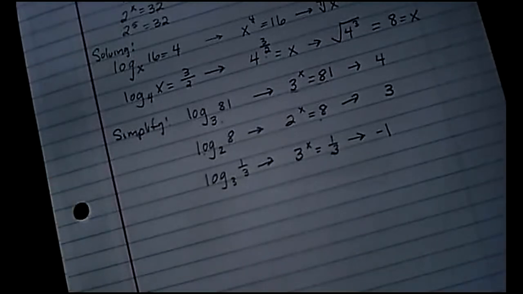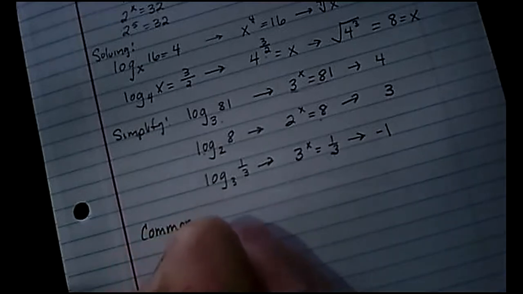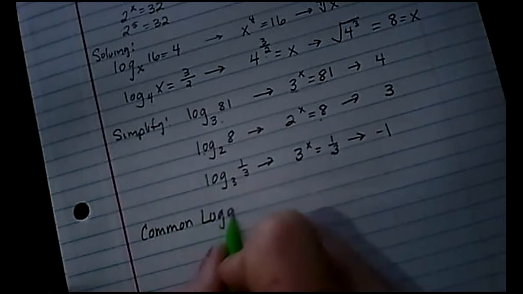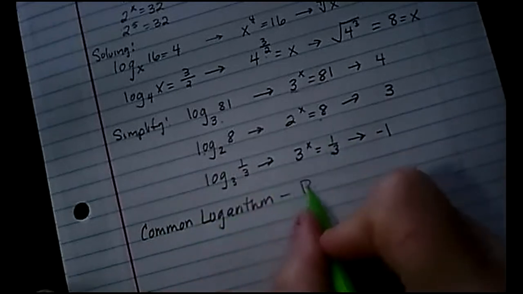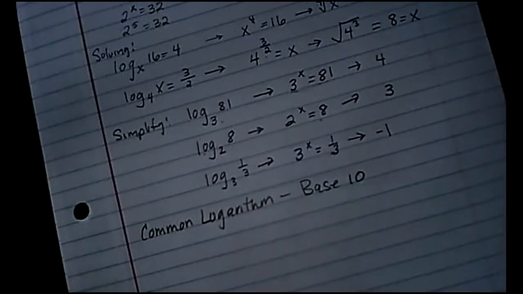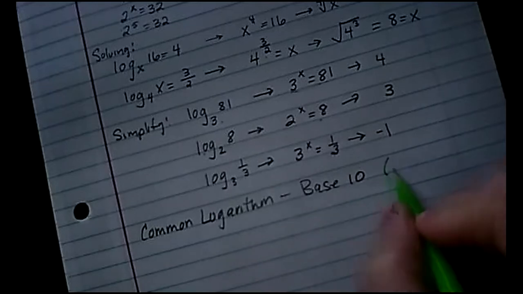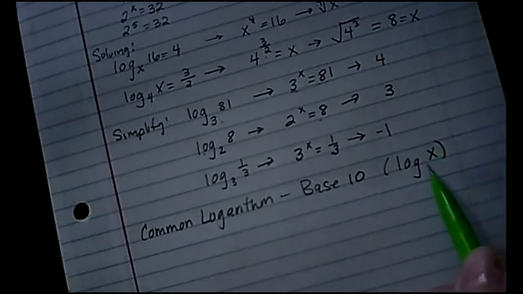All right, so let's talk about the common logarithm. A common logarithm, okay, that's when we are dealing with base 10. When we talk about a common logarithm, and I have it written like this, notice that I don't have a base showing right here.